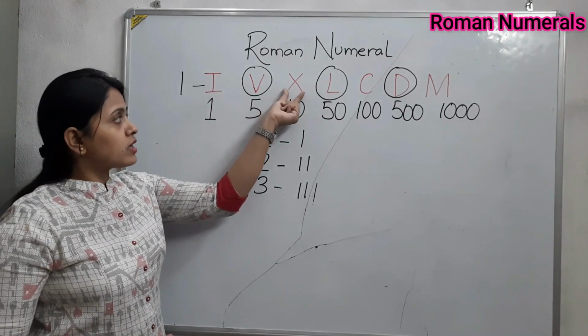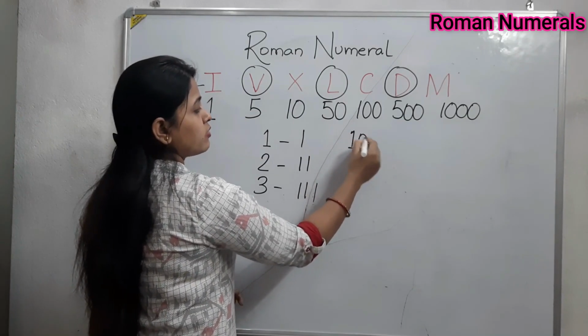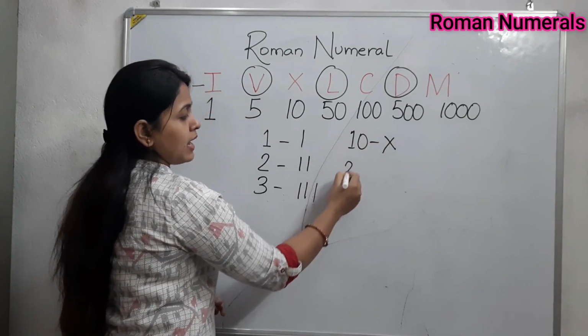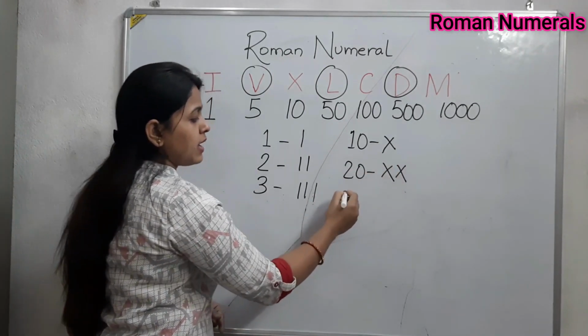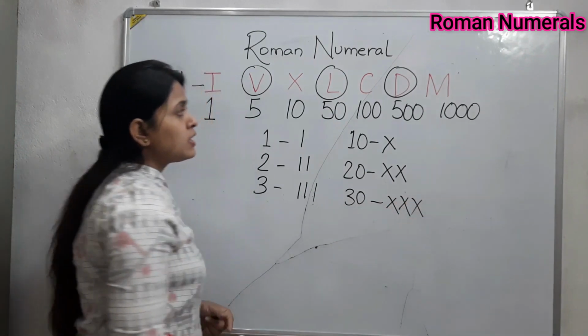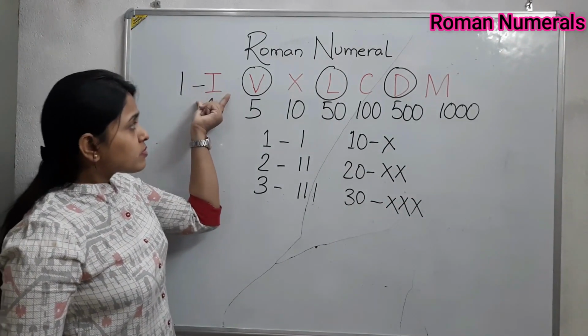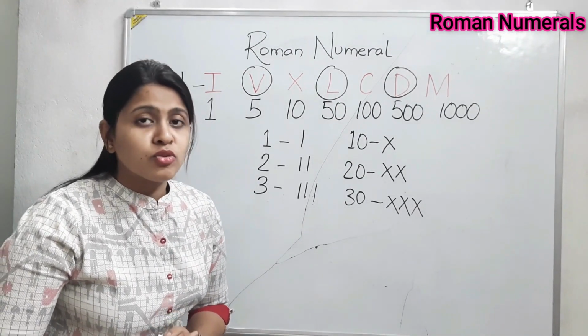In the same way, for 10 we write X. Likewise for 20 we write X 2 times, and for 30 we write it like this. So I, X, C and M can be written 3 times together.